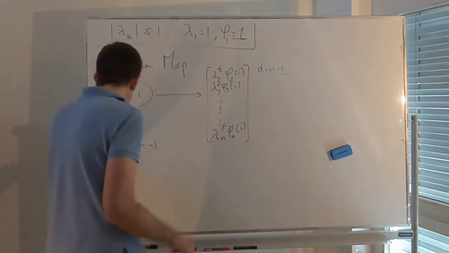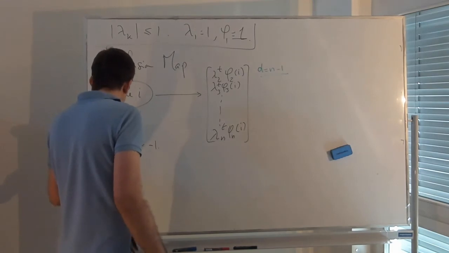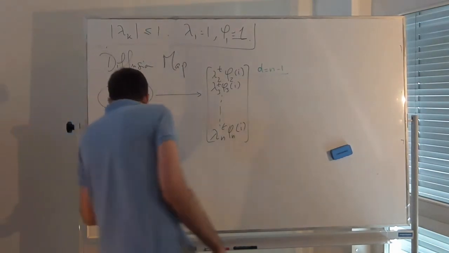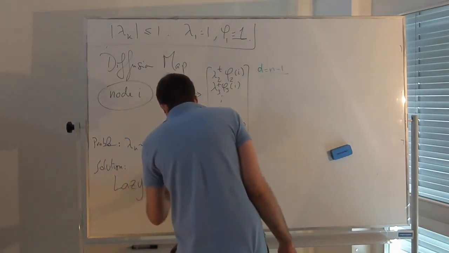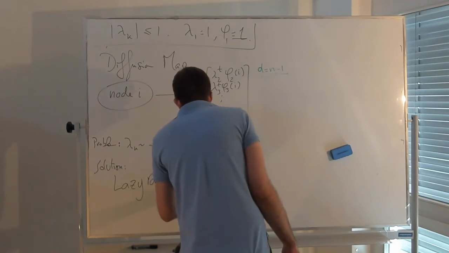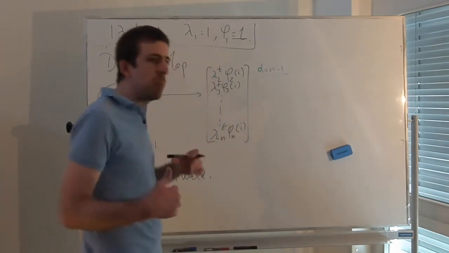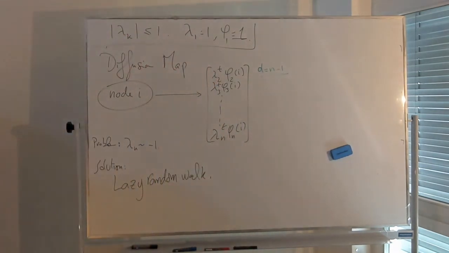So one solution, and this is what I do if I have to deal with any kind of data set, is I consider a lazy random walk. And the lazy random walk is you add some probability of staying where you are.